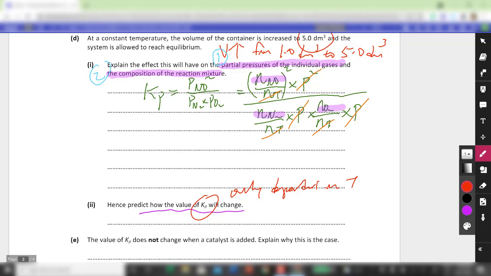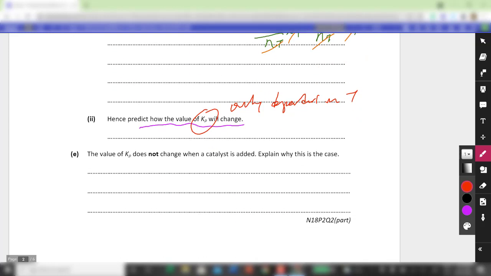Okay, and then for part E, the value of Kp does not change when a catalyst is added. Why is that the case? I think we mentioned a few times, and also in the videos on the equilibrium topic, that the presence of the catalyst merely allows the equilibrium to be established more quickly. How does it do so? It provides an alternative pathway for the reaction to undergo.